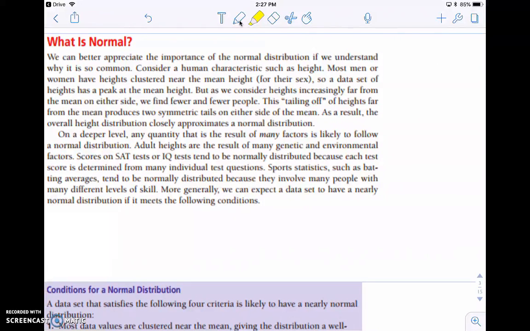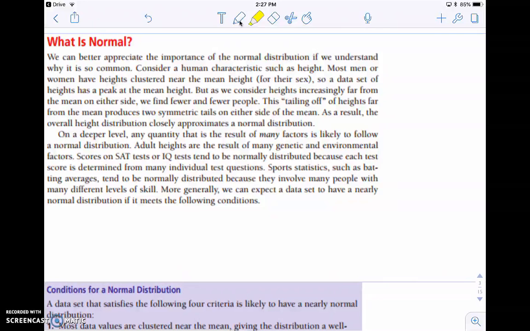In order to better appreciate the importance of the normal distribution, it is good to understand why it's so common. Let's think about some human characteristics. One example would be height. Most men and women have heights that are clustered near the mean height, depending on the sex. So the data of heights has a peak at a mean height.